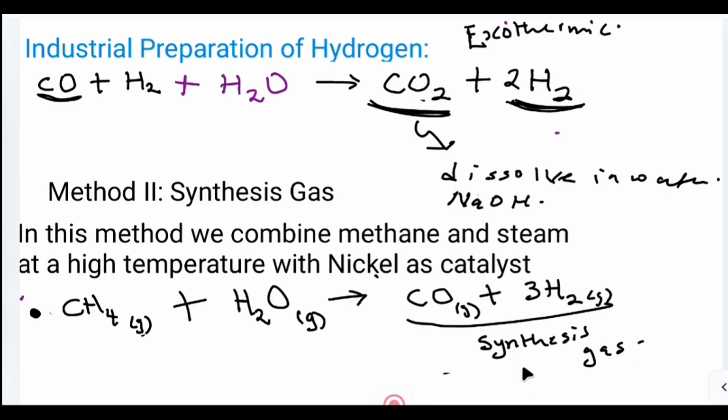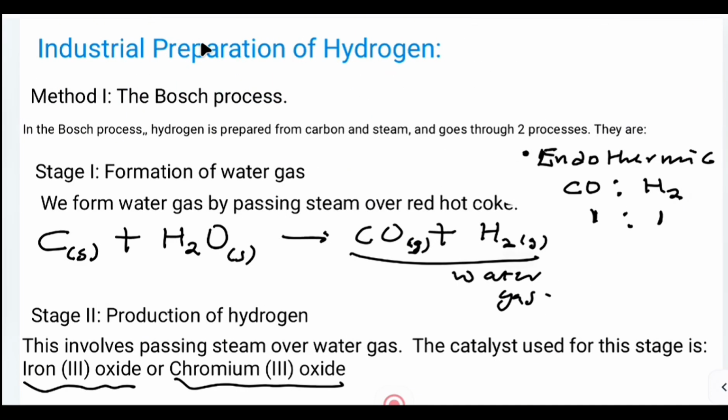Now, what's the difference? Because if you remember, water gas was carbon monoxide and hydrogen. Now, we are seeing carbon monoxide and hydrogen again, and we are calling it synthesis gas. So what's the difference? The difference is in the ratio. For water gas, the ratio of CO to H2 is 1:1.